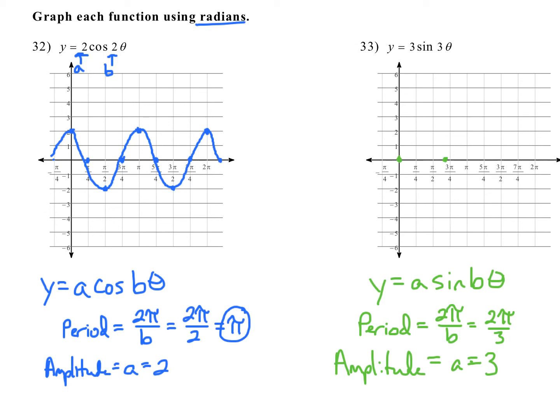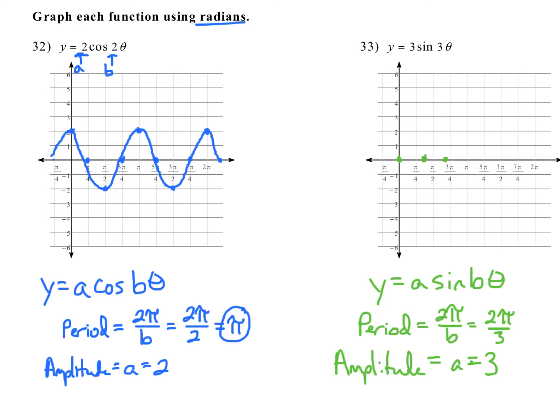And then halfway in between that, we're going to have a 0. And then we have a positive amplitude because we have positive 3. Our positive amplitude comes first, halfway in between.